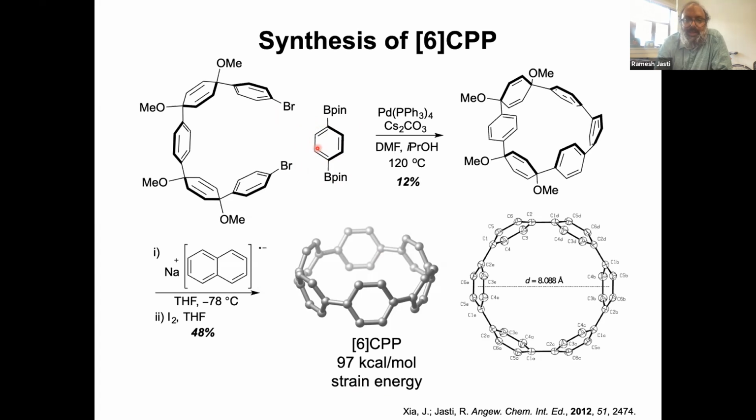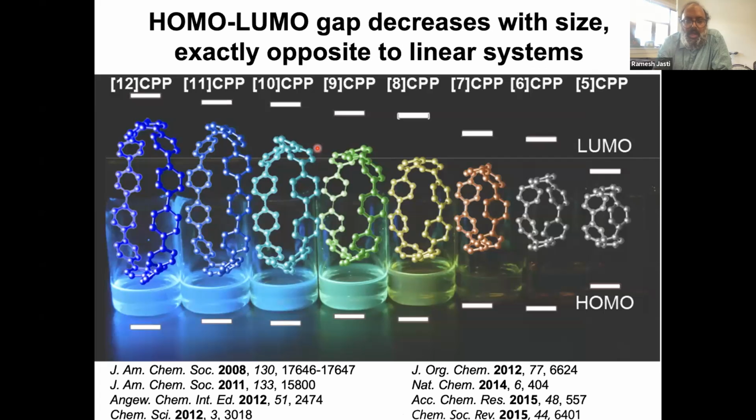And I'll show you that in a second here. But this is the basic idea of how we make it. So we can make hundreds of milligrams of these different types of molecules, over 6-7 step syntheses. So here's a range of these structures that just differ in size.